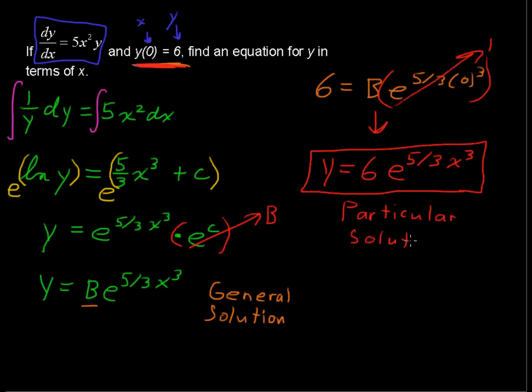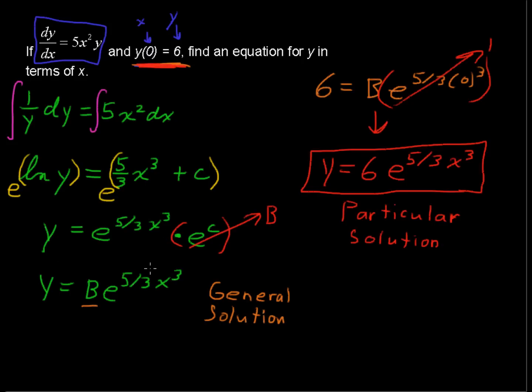So we found there are a number of good things there. I just want to review that real quickly. This equation was separable. We did what we needed to get the y on the left-hand side and the dx on the right-hand side. We had to play this little trick with raising e to the power of everything that we saw, so that we could get rid of the natural log.